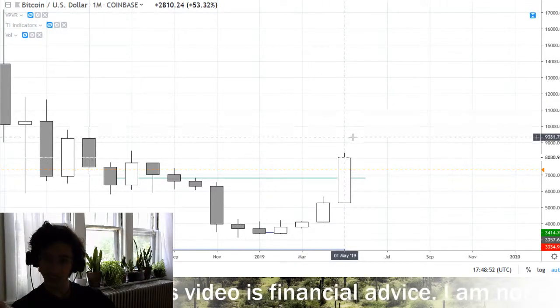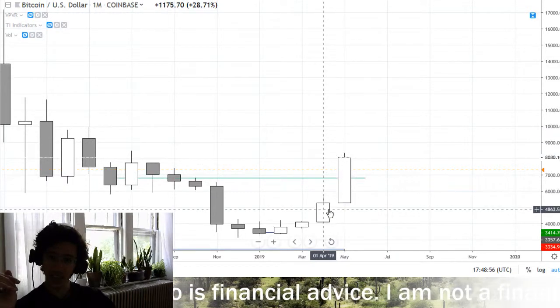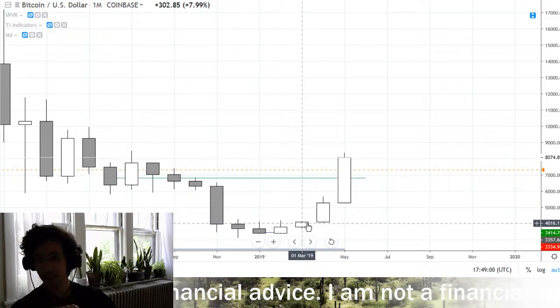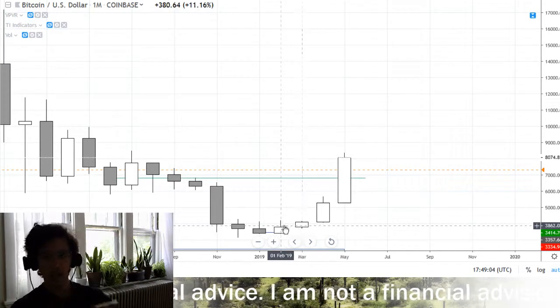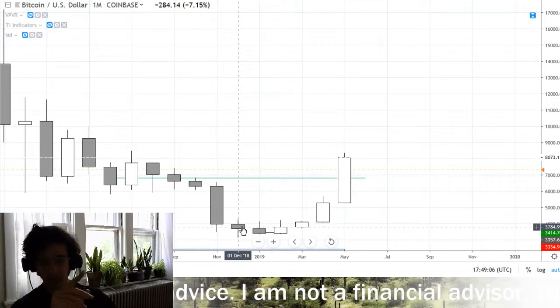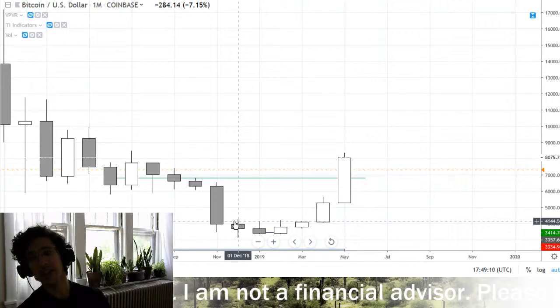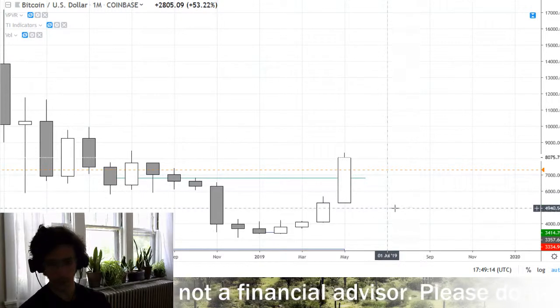That means this candlestick represents an entire month. This candlestick represents the entire month of April. And this candlestick represents the entire period of March, February, January, December, so on. It's everywhere that price had traded during this month.